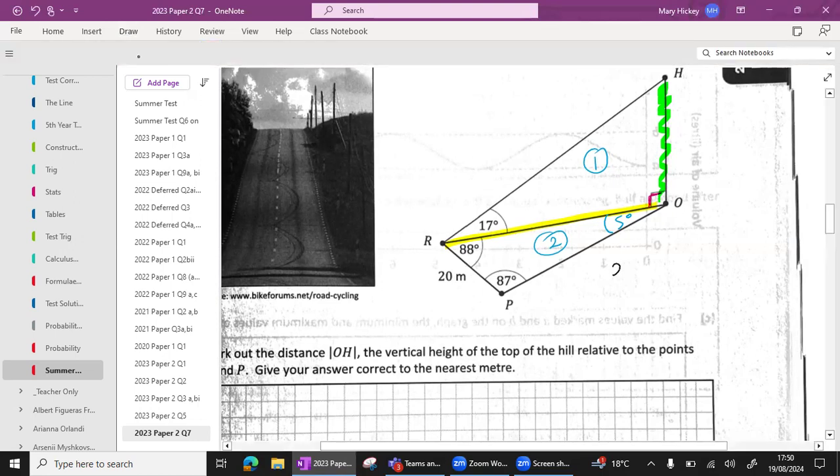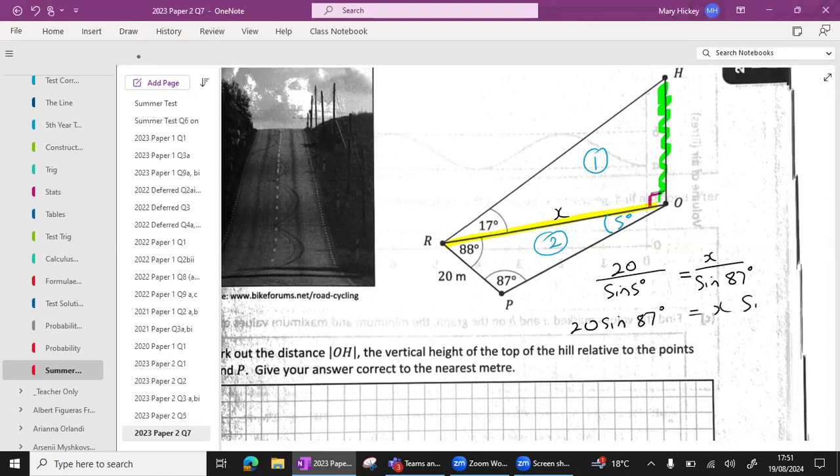So I'm going to use my sine rule to get the yellow side. I pick a side, 20, and divide by the sine of the angle opposite, sine of 5. I pick another side, we'll call it X, the yellow side, and divide by the sine of the angle opposite, which is 87. I'm skipping steps here. You should be writing the formula down to make sure you get all the marks, but I'm speeding it up a little.